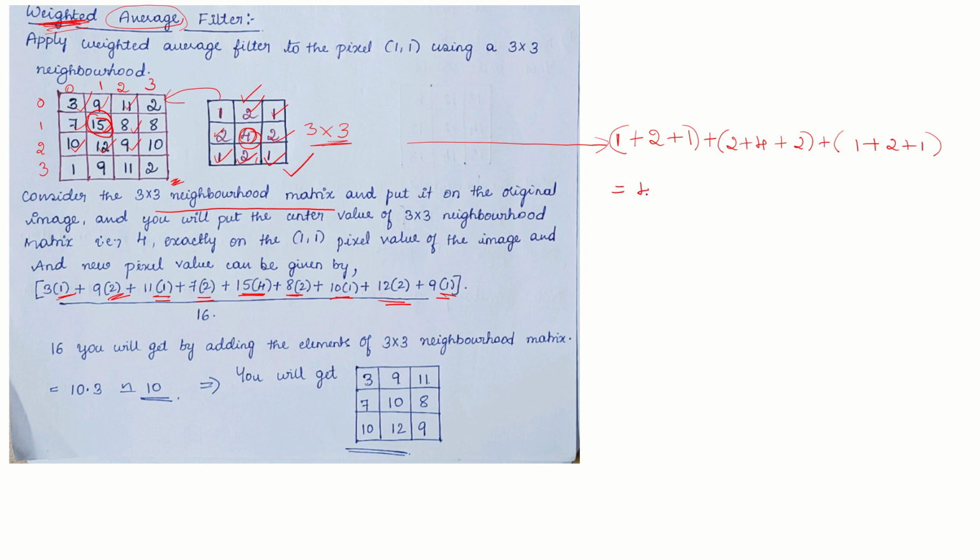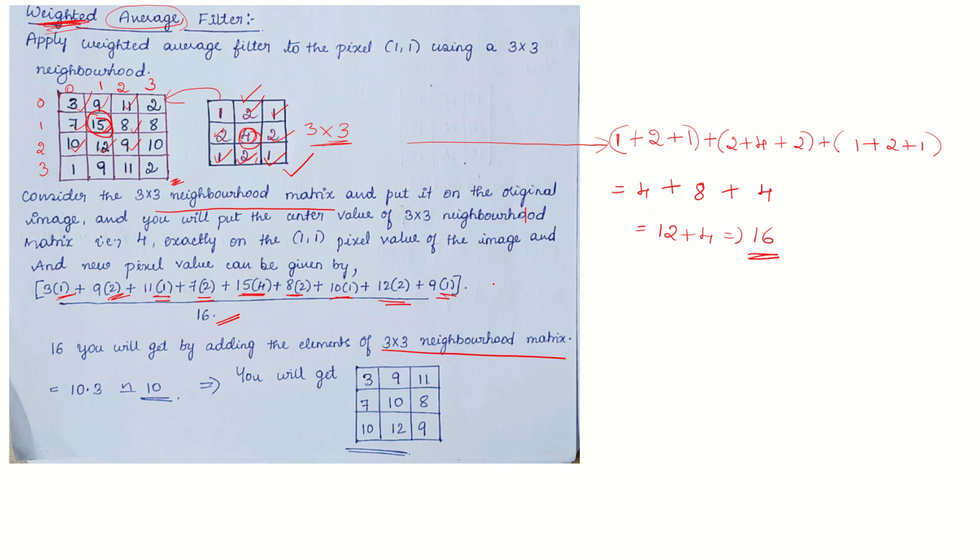This is 3 plus 4, then 7, 8, then 12. 12 plus 4 is 16. This sum we are considering in the denominator. So 16 you will get by adding the elements of this 3 cross 3 neighborhood matrix.